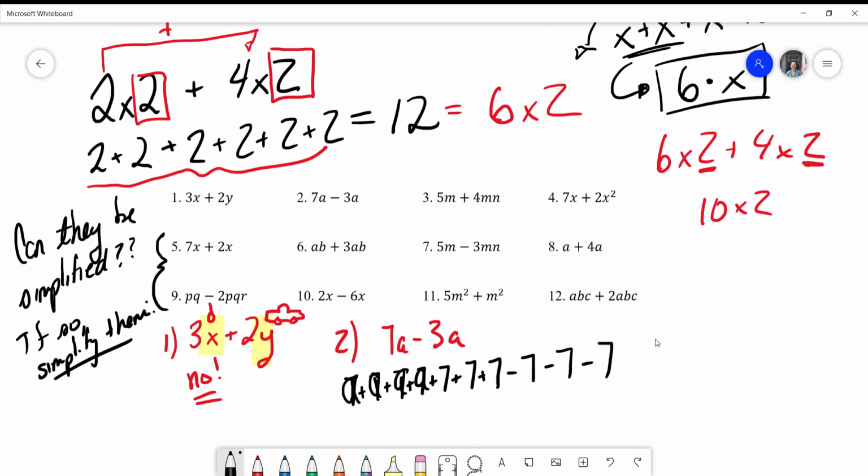A, 3, 4, 5, 6, 7 minus 3 A's. So 7 A's minus 3 A's. So if A is equal to any number, right, A is equal to 10, minus A would be minus 10. So in this case, we've got 10 plus 10 plus 10 plus 10 plus 10 plus 10 plus 10, minus 10 minus 10 minus 10.